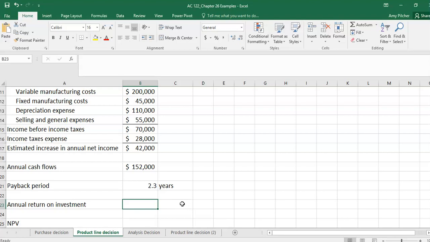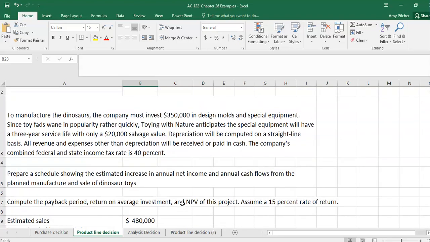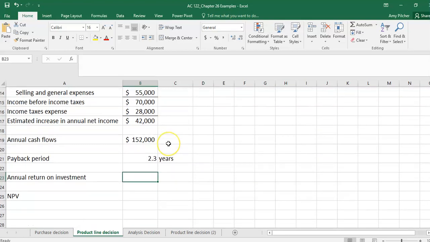The annual return on investment is also called accounting rate of return. And this is an accounting number. So instead of cash flows, we use net income. This is net income divided by average annual investment. So the average annual investment is our cost plus salvage value divided by 2.